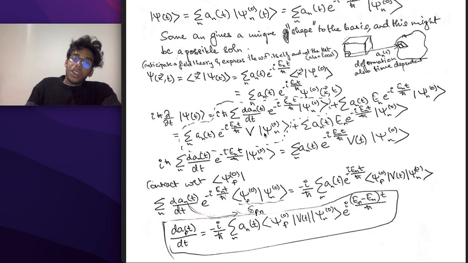So the potential is encoded by the variation of a_n of t with respect to time. If you look at this a little carefully, you'll find that this correspondence is a pretty simple linear differential equation, where you have a similar exponential evolution of your a.